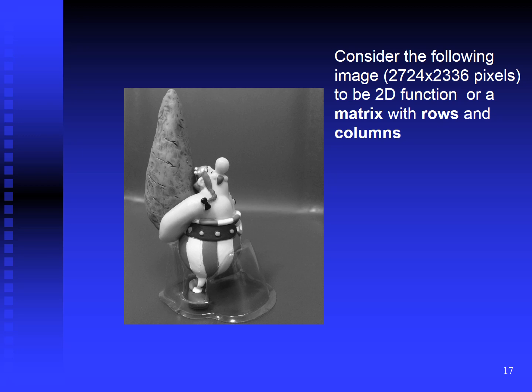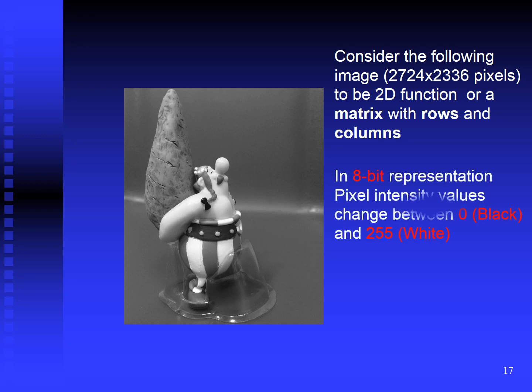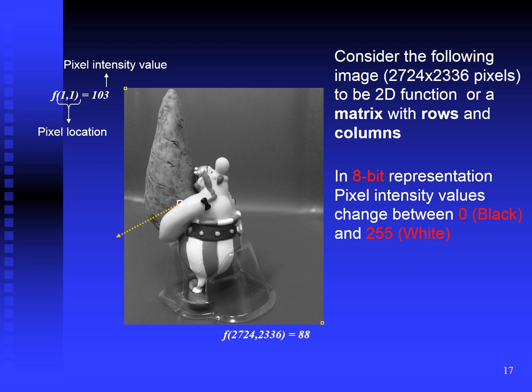Consider the following image. It has 2724 by 2336 pixels. It is an 8-bit representation. As I mentioned earlier, 0 means black, 255 means pure white. This is a pixel. Its location is 11 and its intensity is 103. This corner picture representation is 2724 times 2336 and 88 is its intensity value.